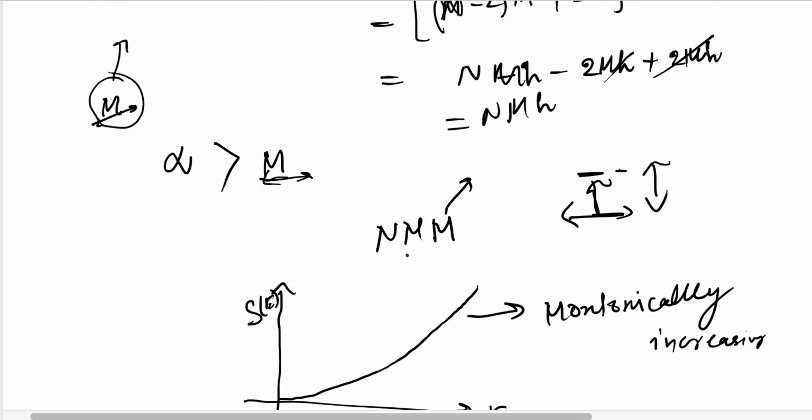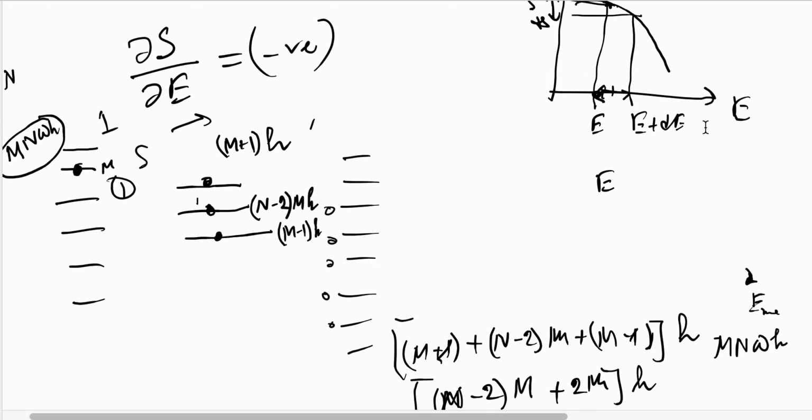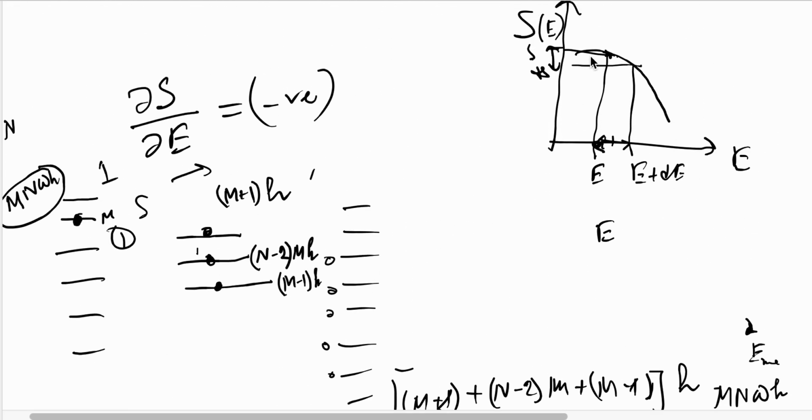The entropy has no minimum. If del S del E, the slope of the entropy with respect to E, became negative, it would go towards the negative value of entropy, which is actually 0.